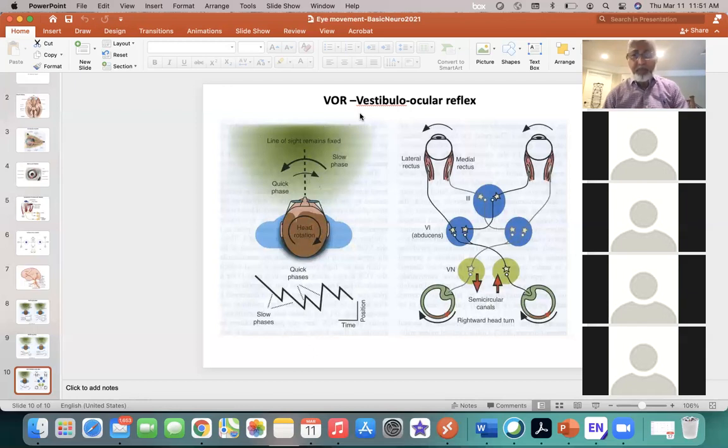Okay, now just for an idea, let's see. If my head is like this, and I have an object in my focus which is here, now if my head moves like this, my eyes move in the other direction, right? Or if my eyes moved, I am following an object, right?